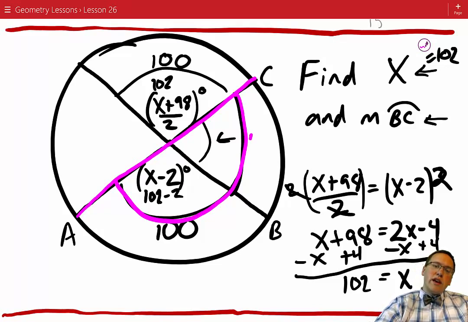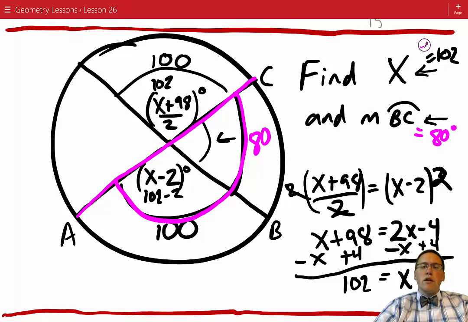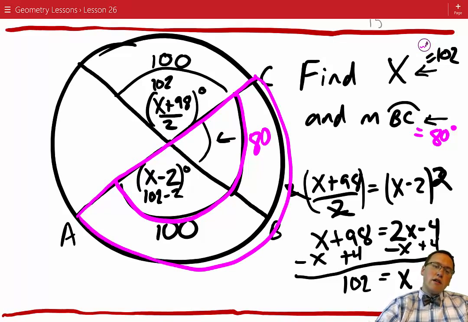So this one must be 80 to add up with the 100 to be supplementary. So arc BC must also have a measure of 80 degrees, which essentially uses the arc addition postulate to say, well, if this full arc has to be 180, and if one part of it is 100, the other part has to be 80.